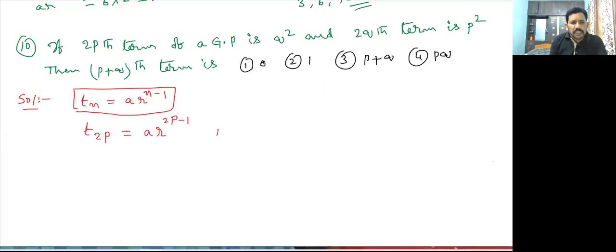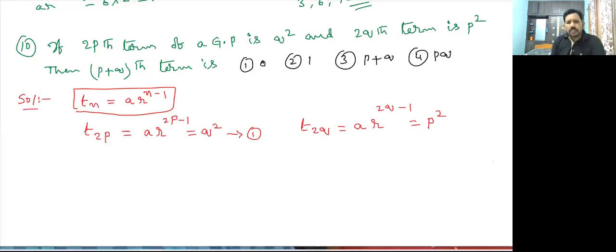That value is equal to q square, given. Take this as equation 1. T 2qth term, how to write? a into r power 2q minus 1. That value is p square. Take this as equation number 2.